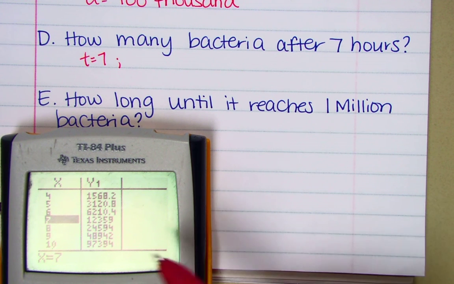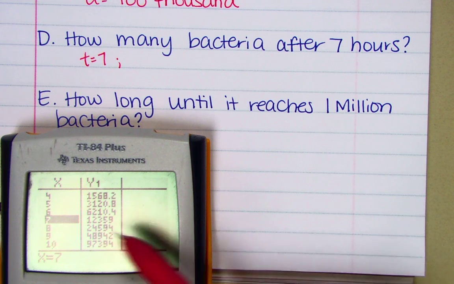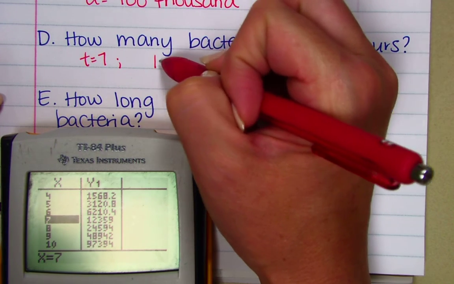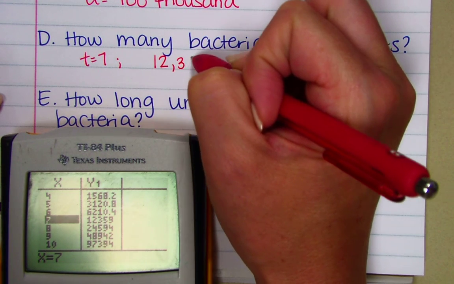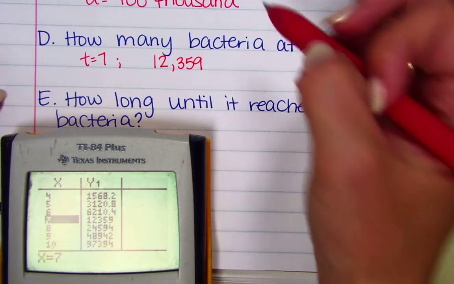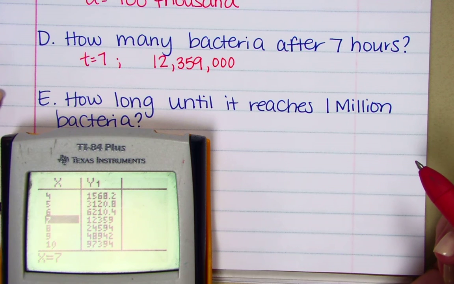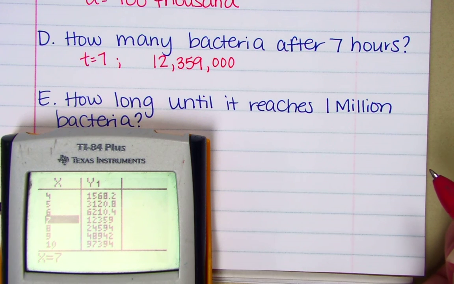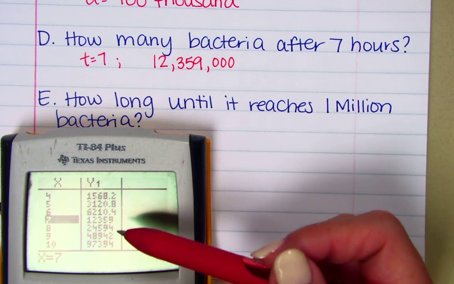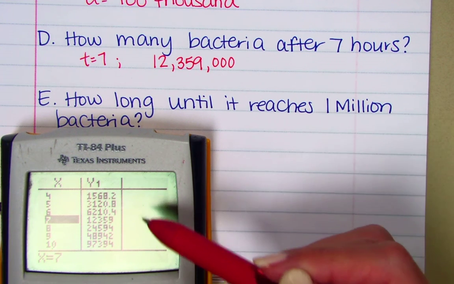For 7 hours, it tells me this: 12,359, right? But what do we know about this number? It's in thousands, so we need to add 3 zeros on the end. So it's 12 million. That means that to get 1 million, it's going to be less than 7 hours, right?